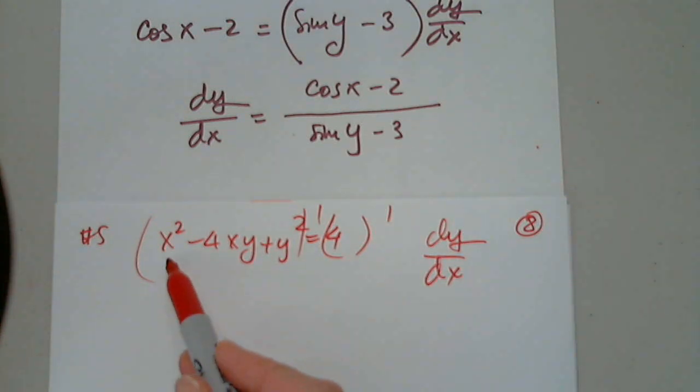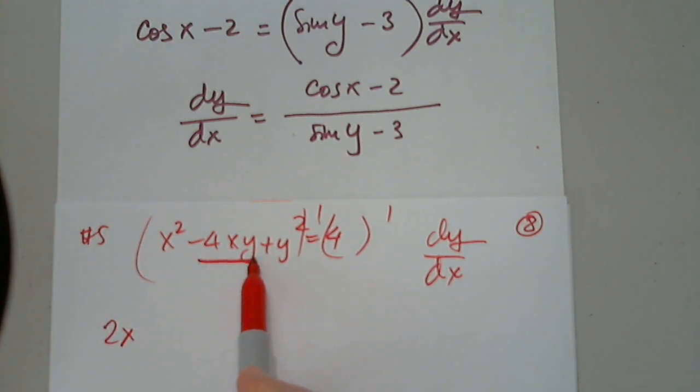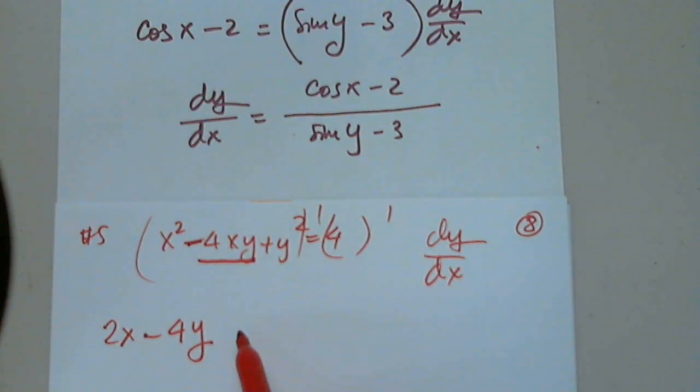So, x squared prime. Anyone? 2x. Good. Now careful that this is a product. So we have the first function prime, which is negative 4 times, yes. Careful with this because it's a minus, so I have to copy the minus again.